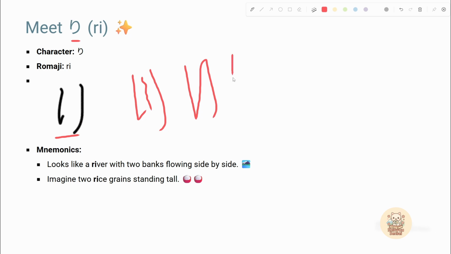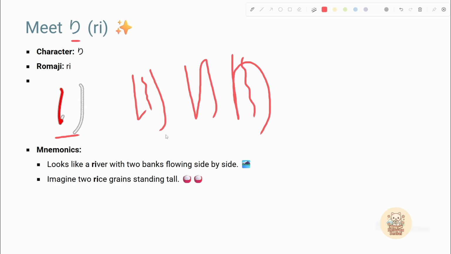If I write like this, this is also Ri. You can understand the mnemonic like this: still it's a river, there are 2 banks, but one of the banks is connected with the other one. Okay, so this is how I remember the 2 ways to write the Ri character.